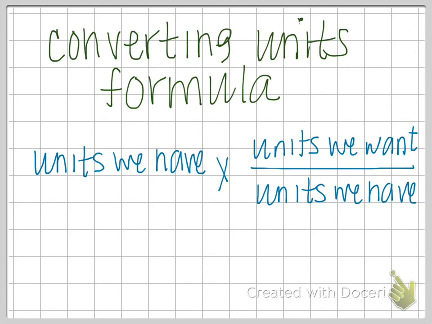So I knew which conversion factor I wanted to use because I knew that I wanted the units I have to cancel, and I wanted to be left with the units we want at the end of the problem.